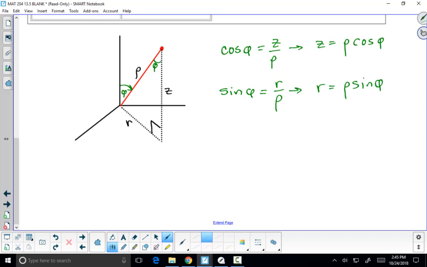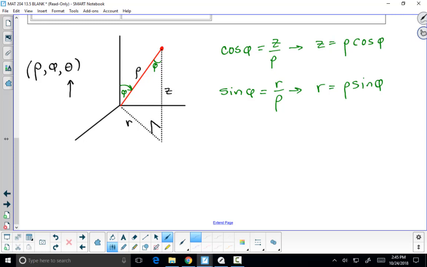Because with cylindrical, we have r, theta, and z. The theta we're going to keep. The thetas are the same, but we have to convert the r and we have to convert the z. So here we have rho, phi, and theta.